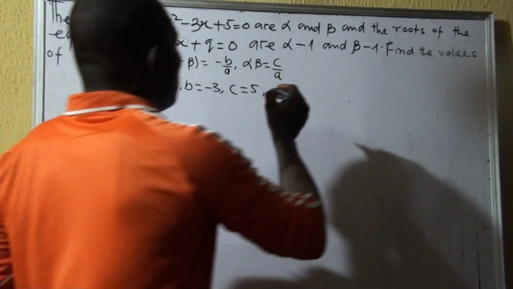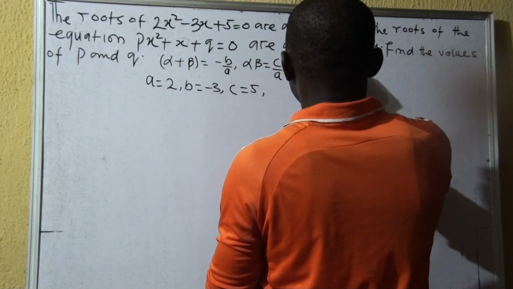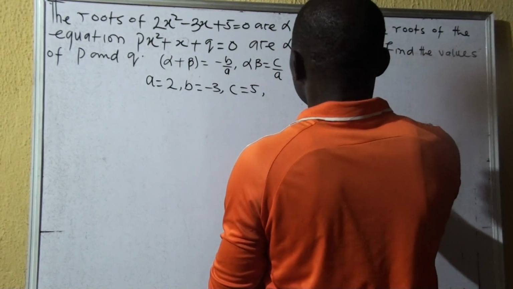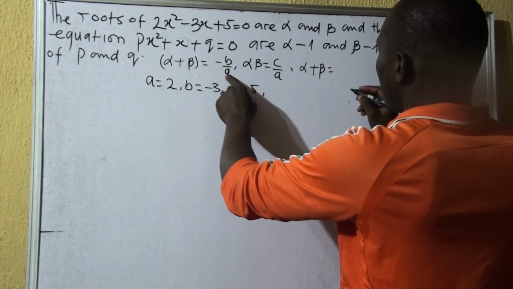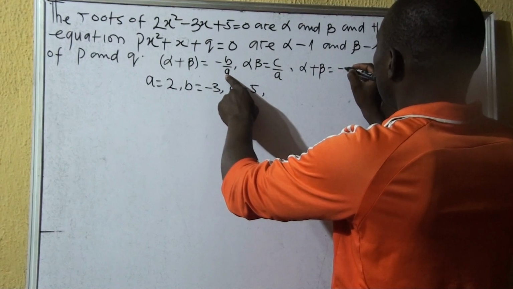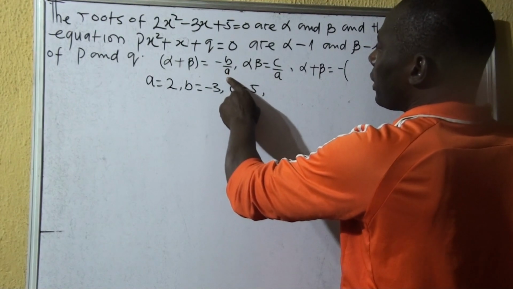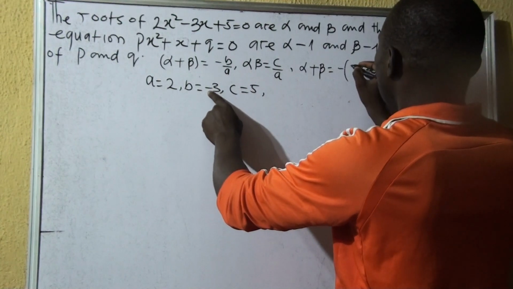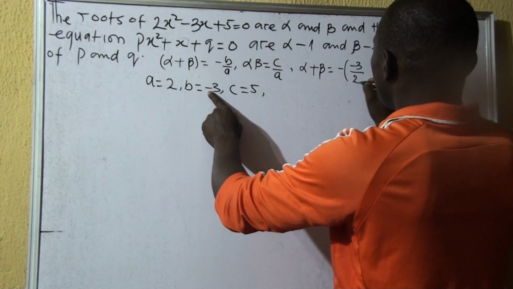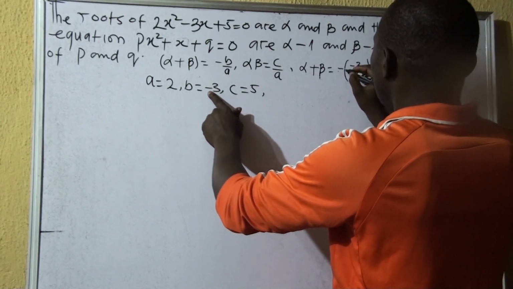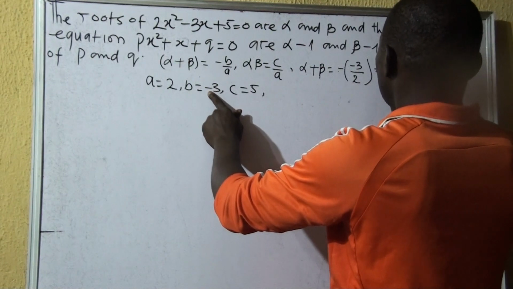To obtain alpha plus beta, we substitute the values of b and a. So we have a negative multiplying b over a, where b is minus 3 and a is 2. Negative times negative is positive, so this gives 3 over 2.